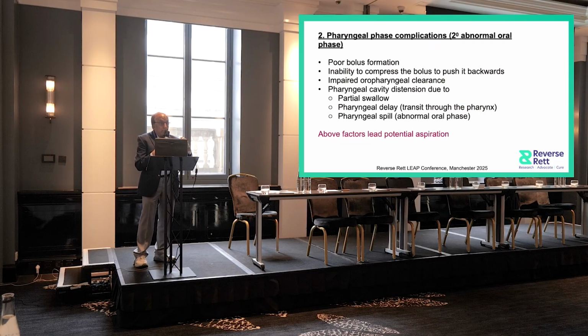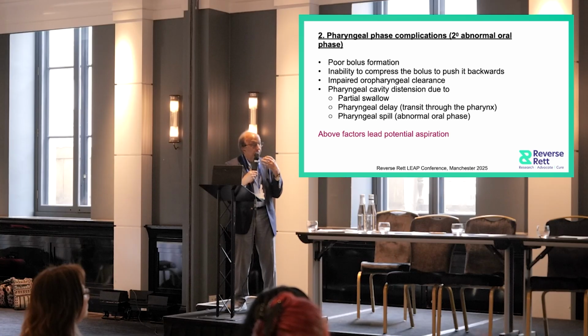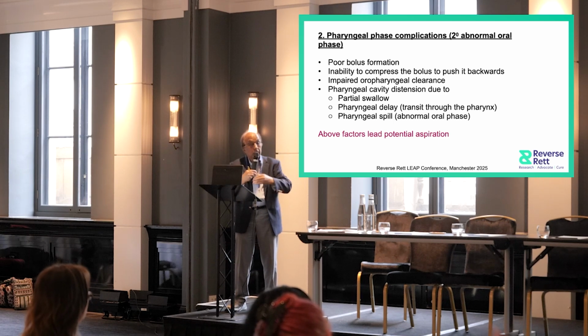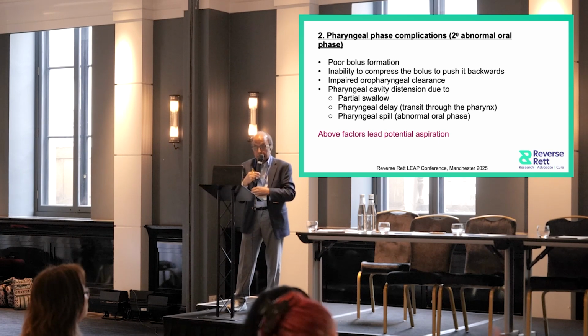Again, the second phase, the pharyngeal phase, the back of the throat: poor bolus formation, again inability to compress it and push it down. And there may be partial dilatation of the pharynx there. And it takes longer to go further down.